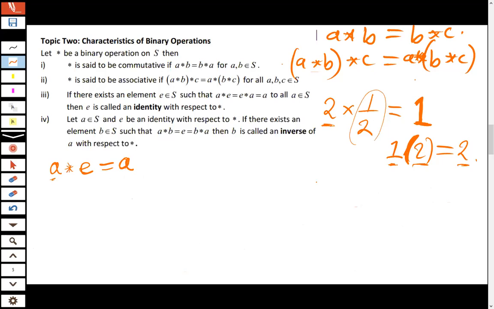The same applies if we switch the sides. If we multiply the identity with the element, the answer will still be the element.